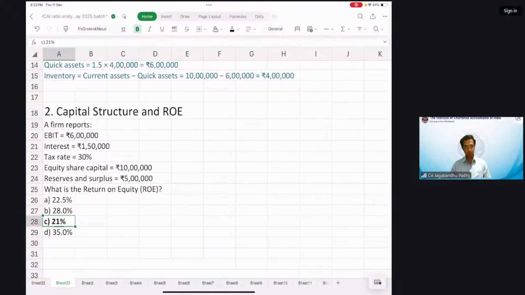So option C, 21% is the answer, right? Because you have the EBIT, from that you subtract the interest, and that becomes PBT, and further you subtract the tax. So that should give you 21% as the answer.